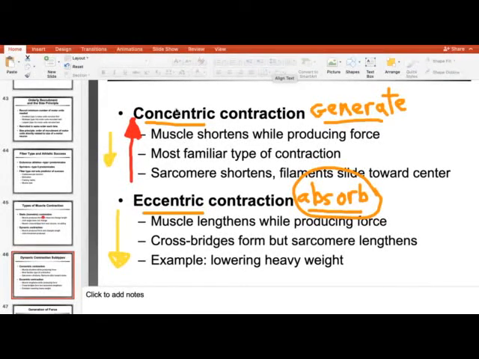Well, the timing between generating and absorbing power in their shoulder concentrically and eccentrically is probably disrupted. And now they're not strong enough or don't have the appropriate sequencing of their muscles to slow down and absorb all of this generated power.